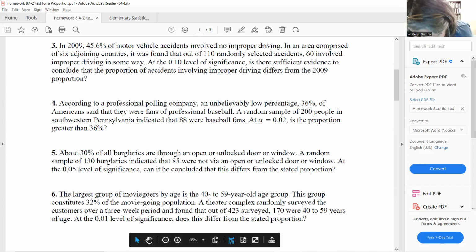Here's what that means. When we set up this hypothesis test, it doesn't specify to use the p-value method, so we're going to use the traditional method here.